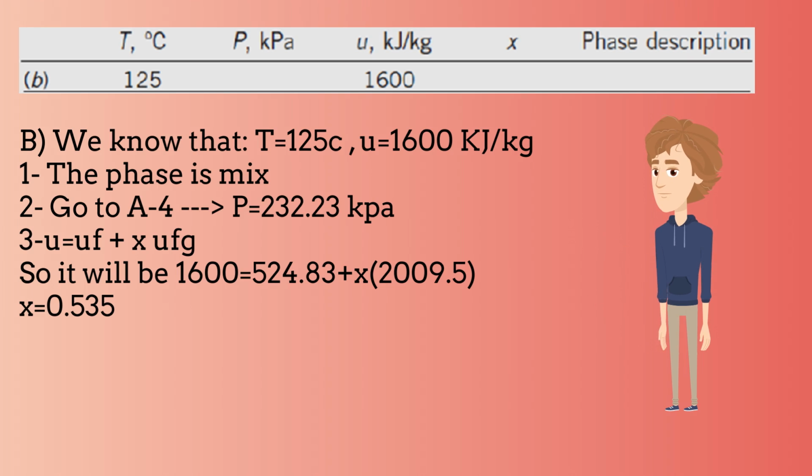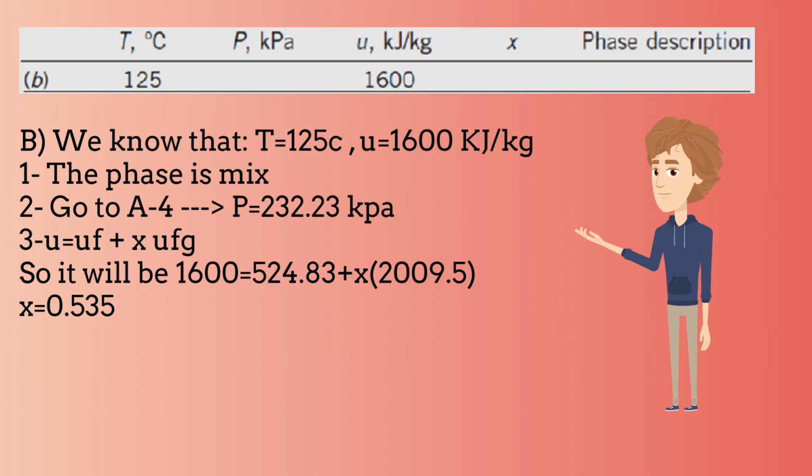We will find that u is greater than uf and less than ug, so the phase is mixture. After that, we will also go to table A4 and we will find P, which is 232.23 kilopascal.